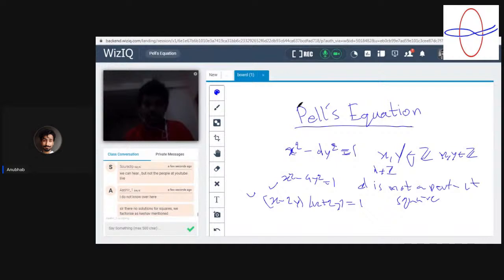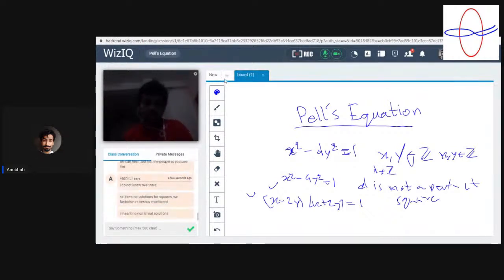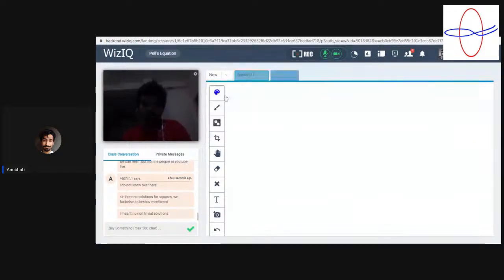Right now we'll try to find the solutions of x squared minus d y squared equals 1, where x and y are integers.